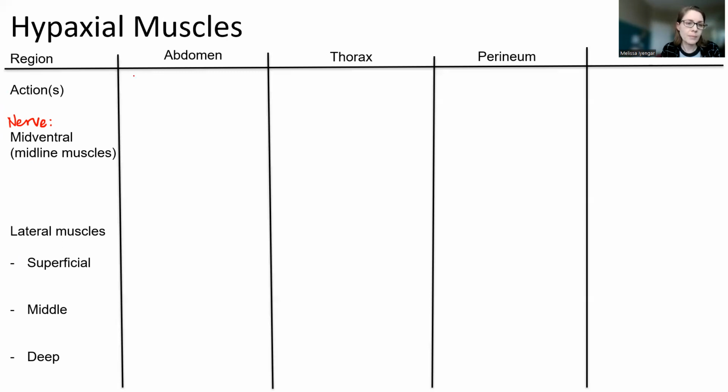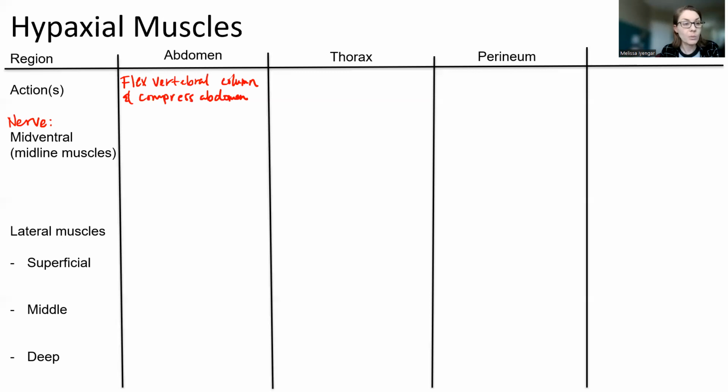So the actions for the abdomen: all these muscles that are either mid-ventral, which means in the midline, or lateral, which means off to the sides of the body, are all going to have the same action of helping us flex our vertebral column. And then they also help us with compressing the abdomen, increasing intra-abdominal pressure.